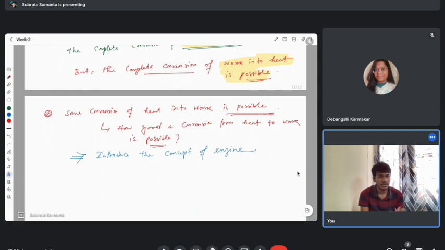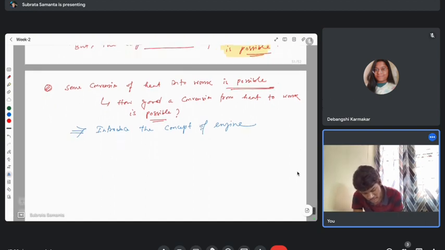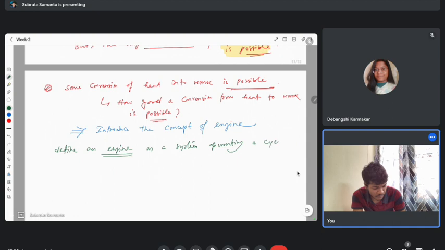So we define an engine as a system operating in a cyclic process that converts heat into work.